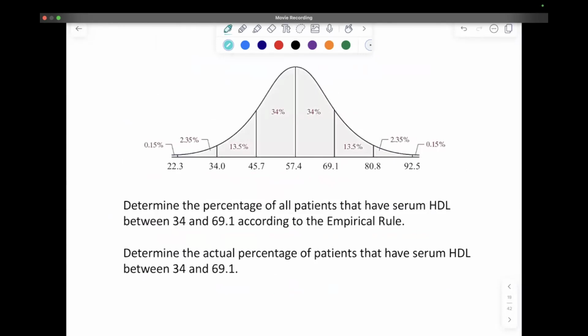So what I did is I took my empirical rule diagram, and I put the mean right in the middle. So this right here is the mean. Then I added 1 standard deviation to the mean, and I got this. Then I subtracted 1 standard deviation from the mean, and I got that. So I'm just labeling my empirical rule table.